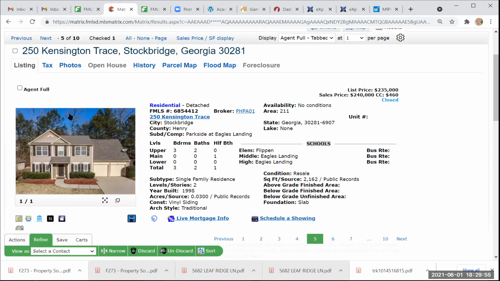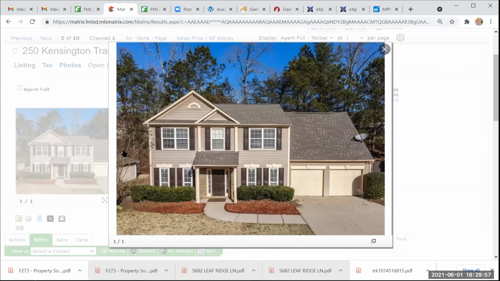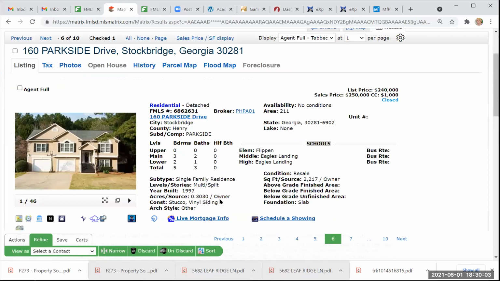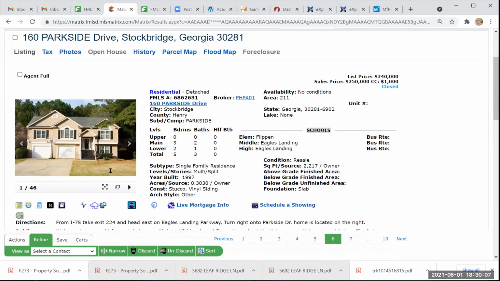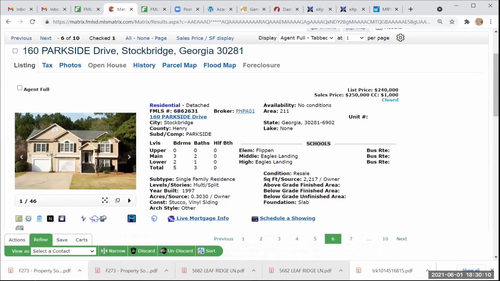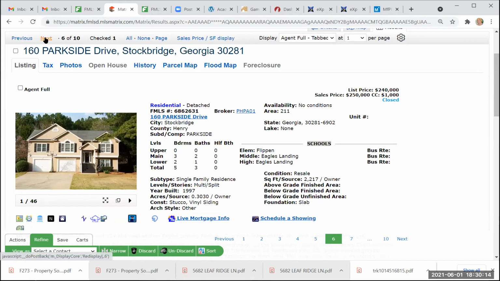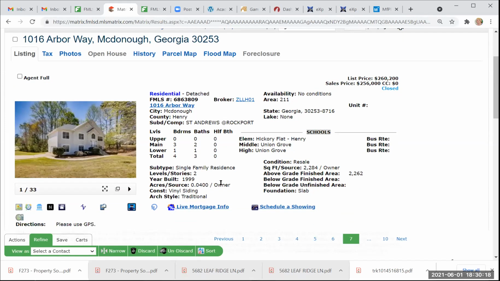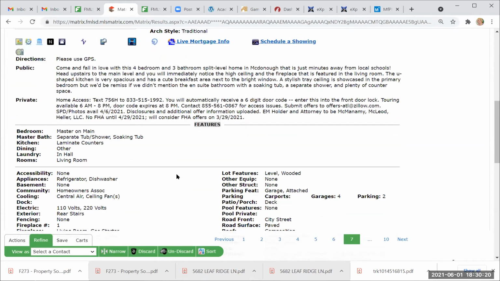Yeah, that one looks a lot nicer. I'm going to keep that one, but we can't do anything with it because we don't have any pictures. About the same size, 250, 2 stories with a finished basement, 230. So I'm going to keep that one. This is a little bit bigger. No basement.